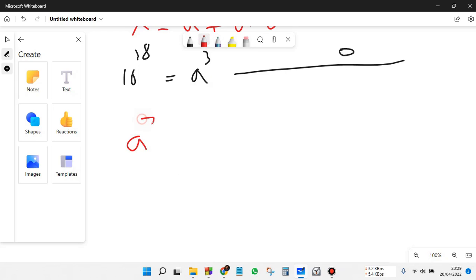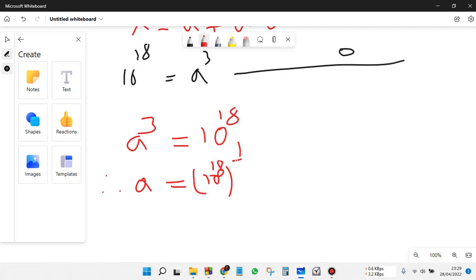a cube is 10 to the power 18. For finding the a value, we take 10 to the power 18 to the power one third.